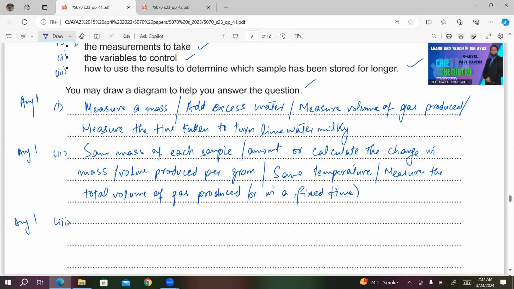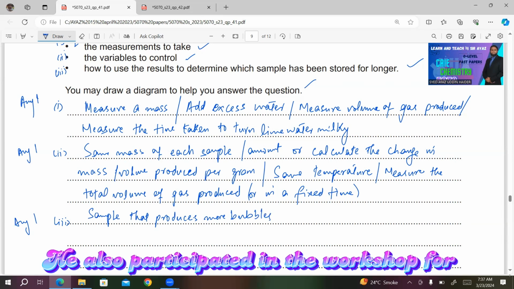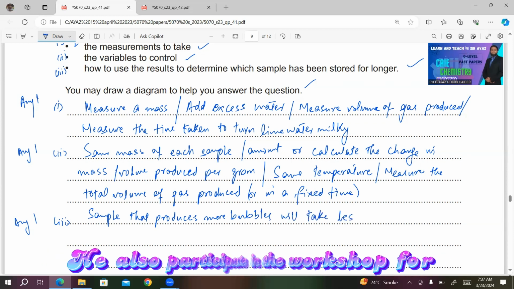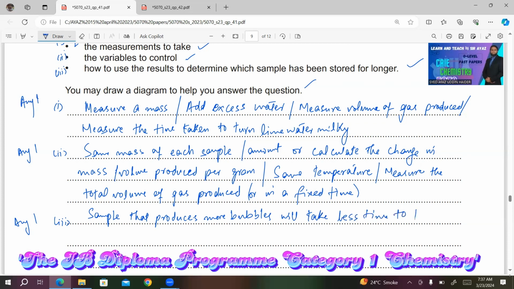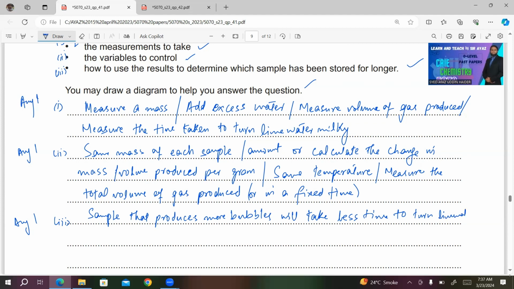So the sample that produces more gas, more bubbles, will take less time to turn lime water milky, which means it is stored for less time.